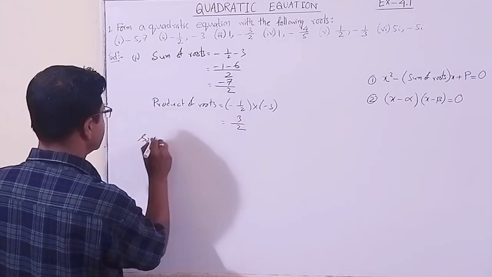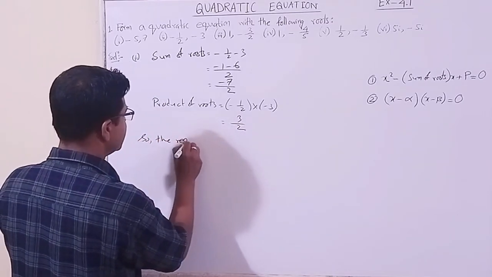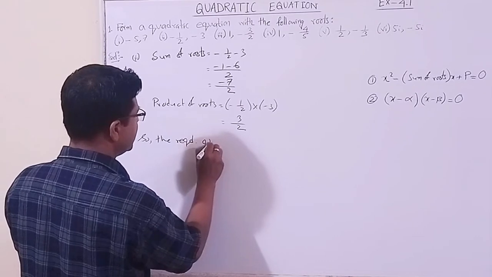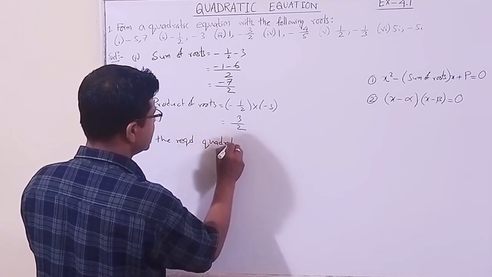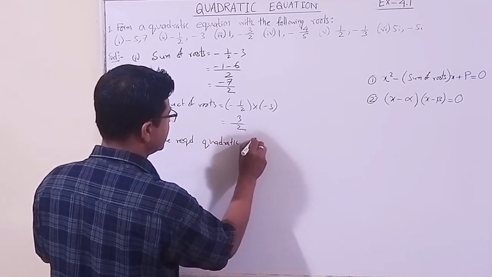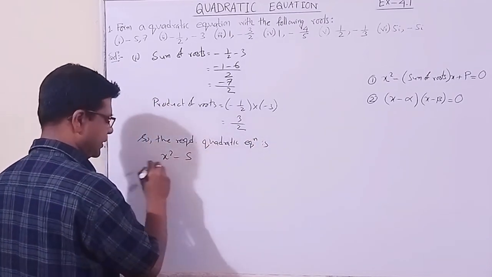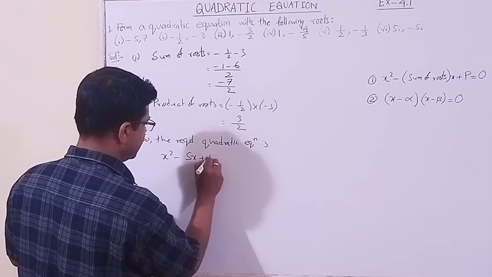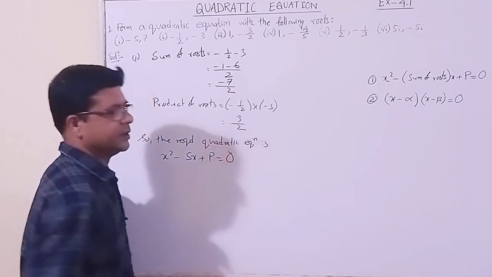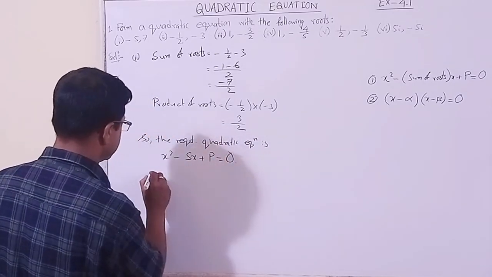So the required quadratic equation is x square minus sum of the roots into x plus product of the roots is equal to 0. Now let us substitute the values.